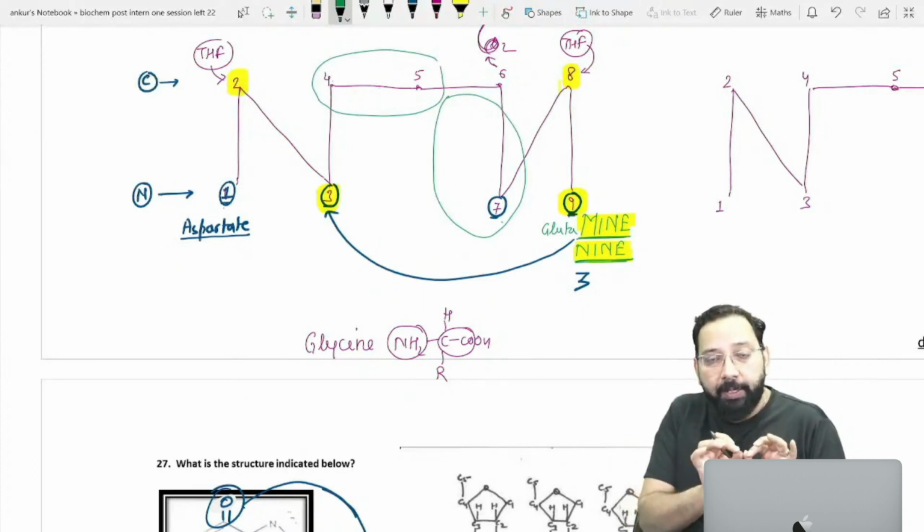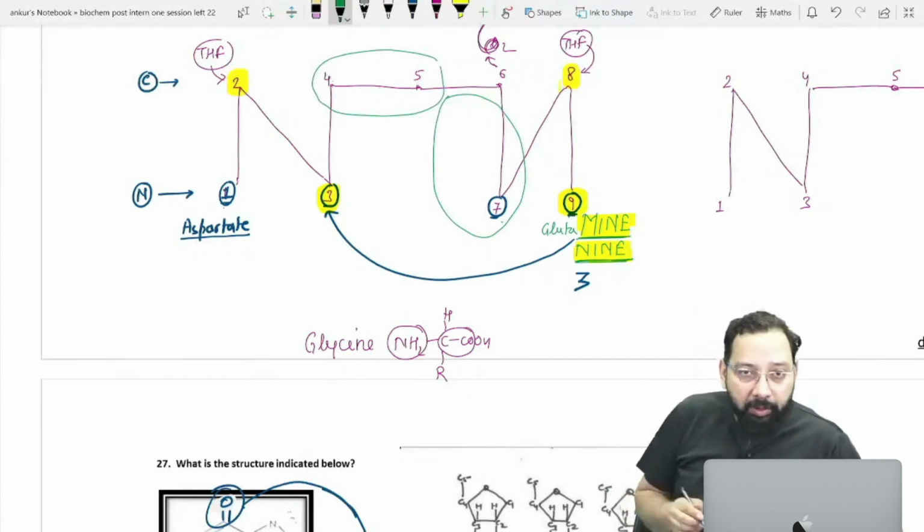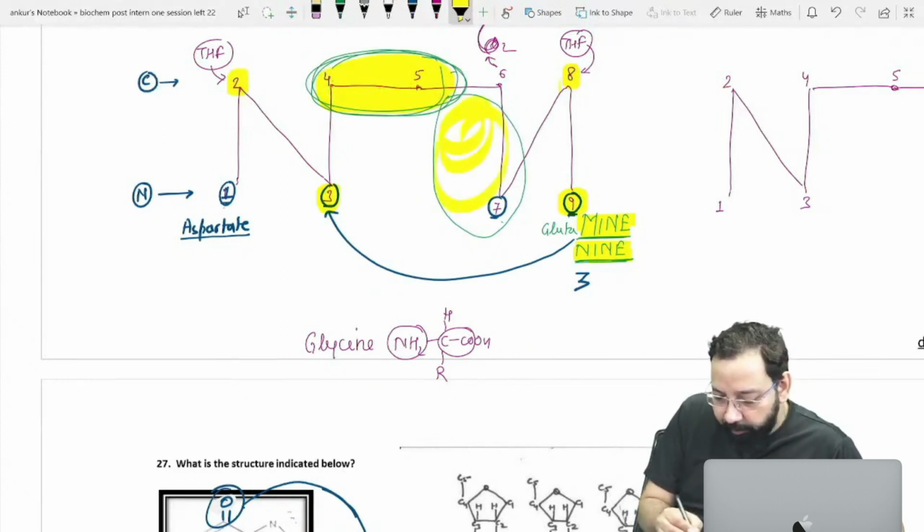It may not look like a good G, but it looks like G. So this is glycine.